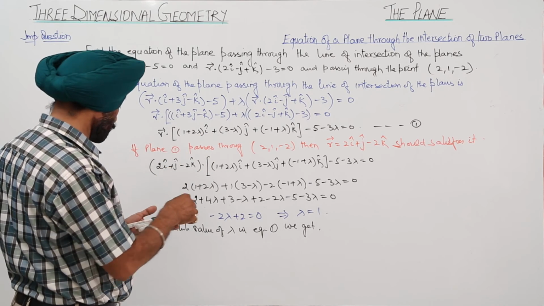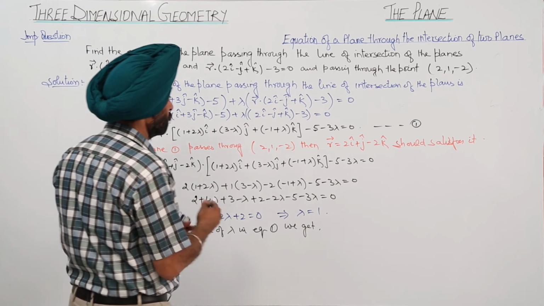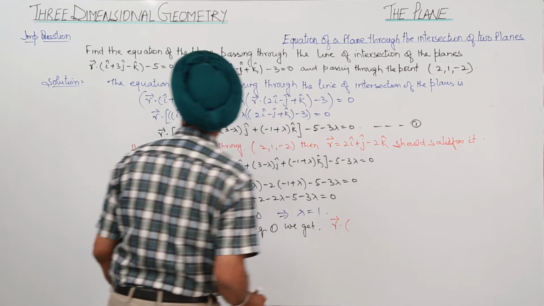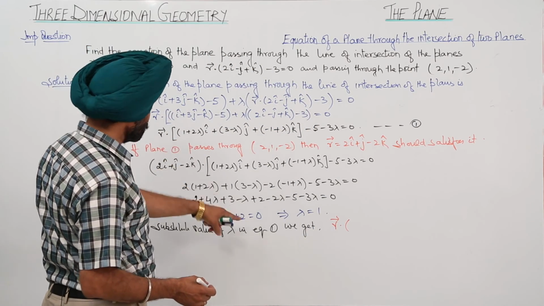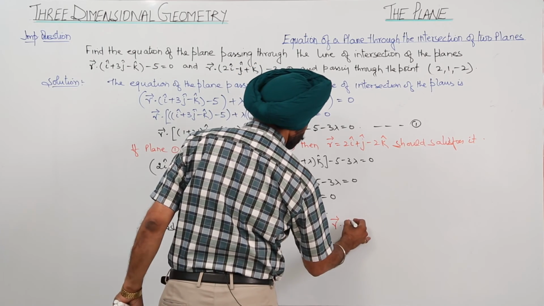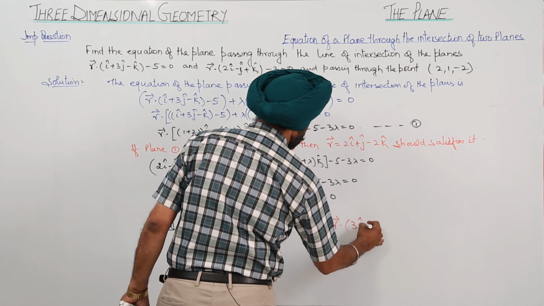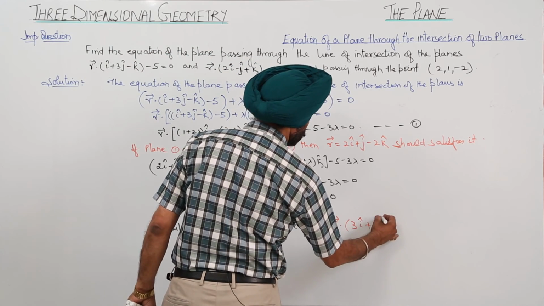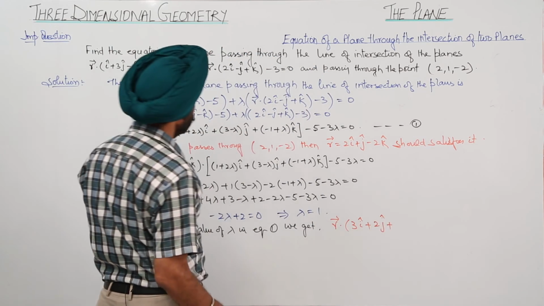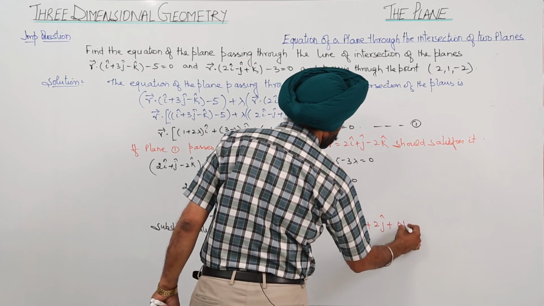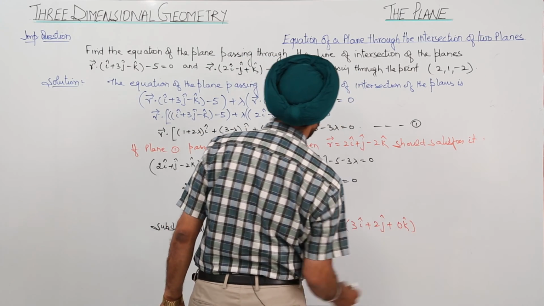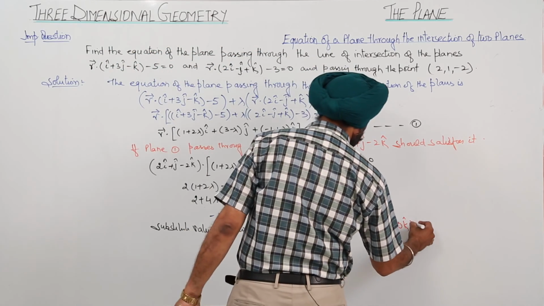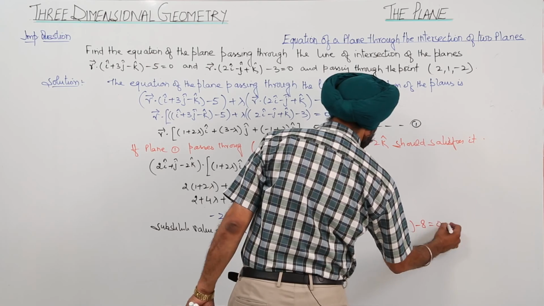So we are getting vector r dot, now lambda is 1, so (3 i cap + 2 j cap + 0 k cap), minus 5 and minus 3 is minus 8. Minus 8 is equal to 0.